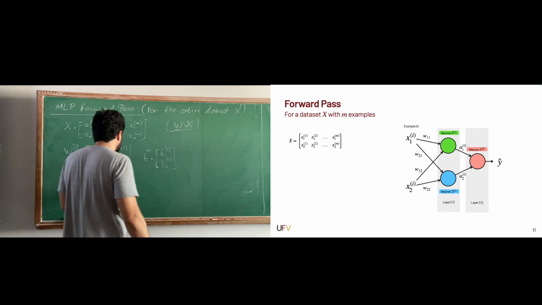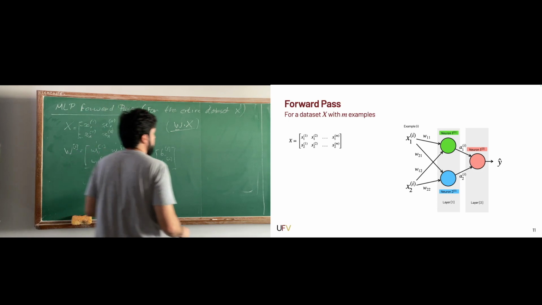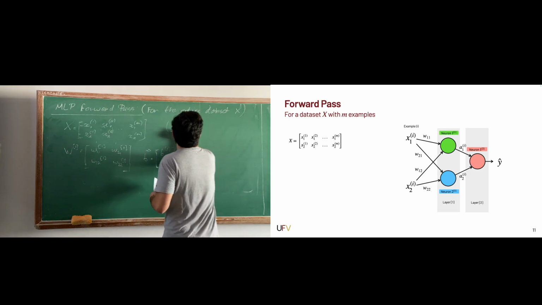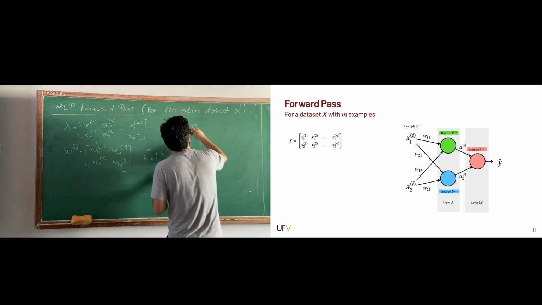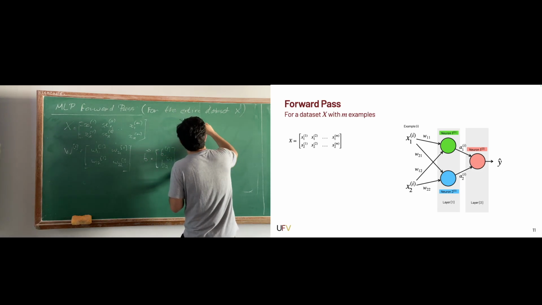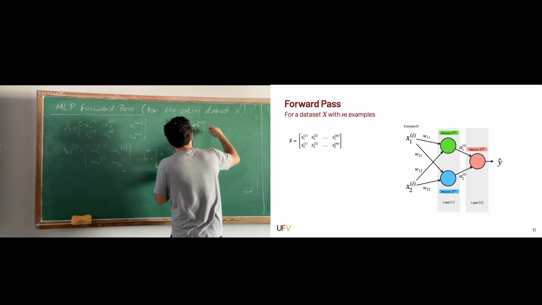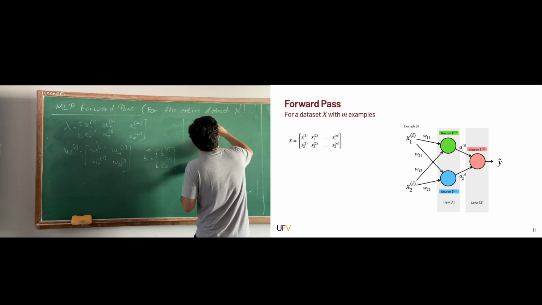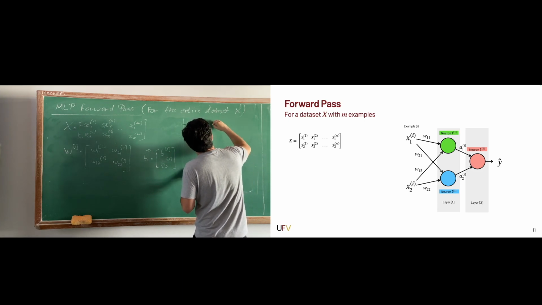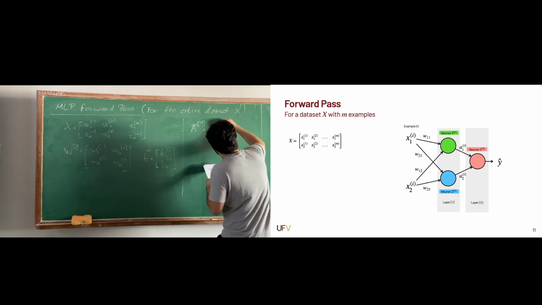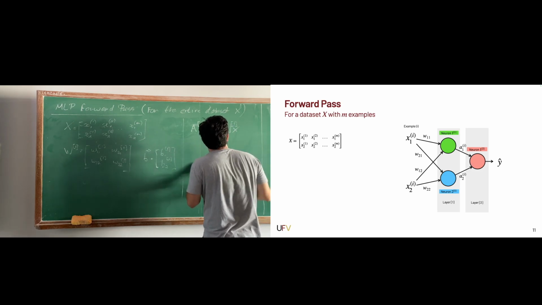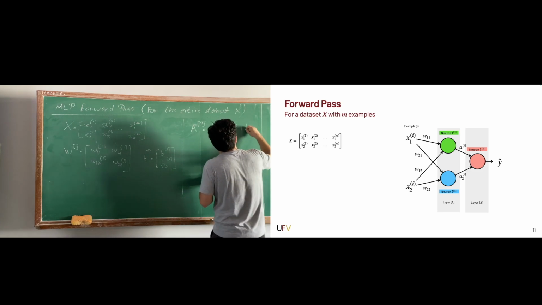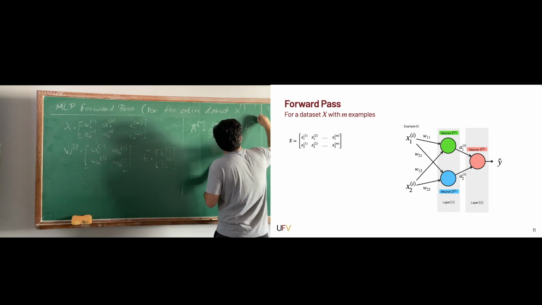So now we can write our activation 1 as G1 of W1 X plus B1.